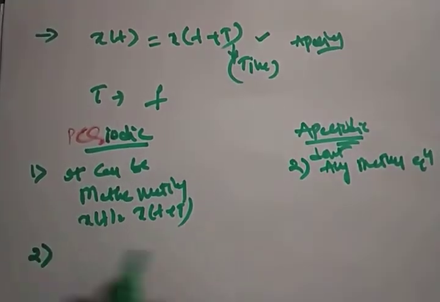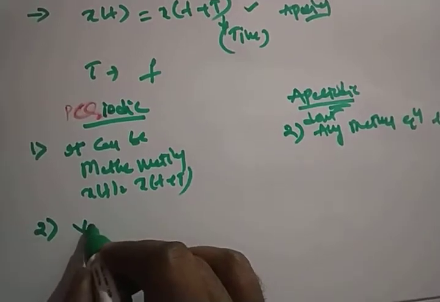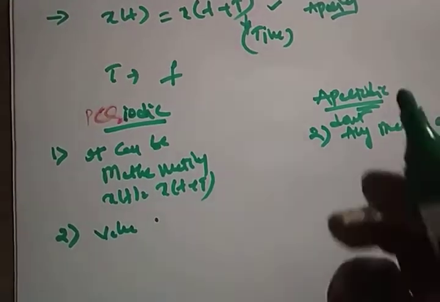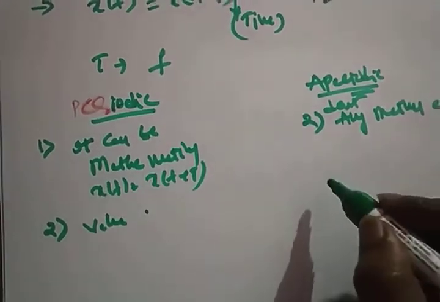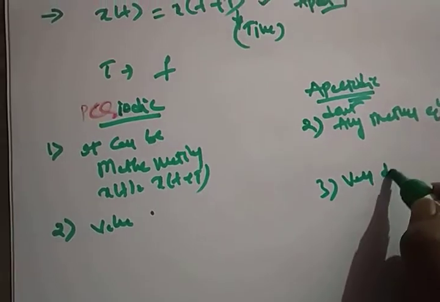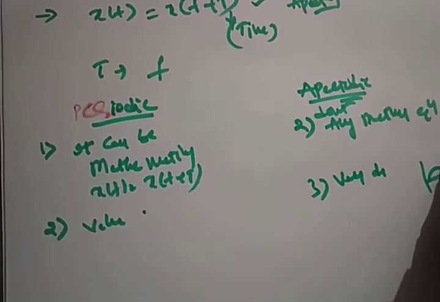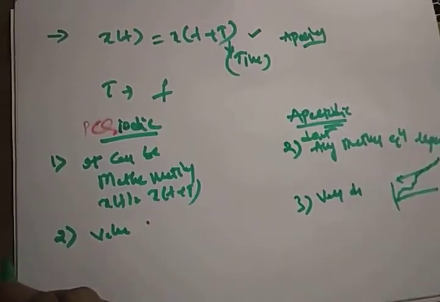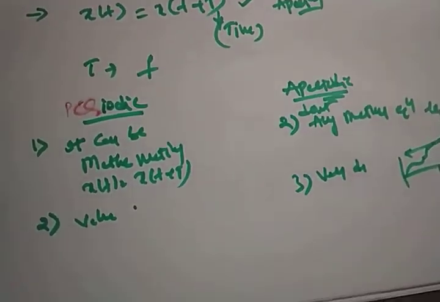Next, the value can be determined at any point of time for a periodic signal. For a non-periodic signal, determining the value is difficult. If the signal is like this, what is the value here? It is very difficult to find the value at a particular point of time.